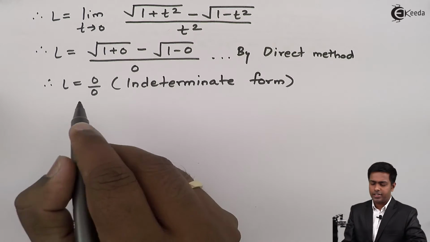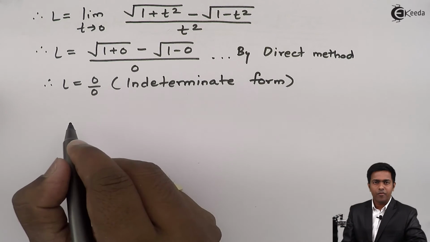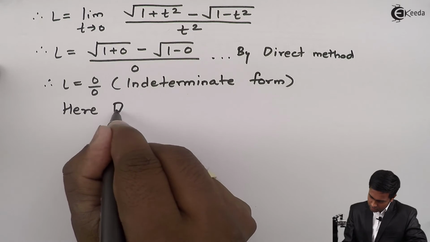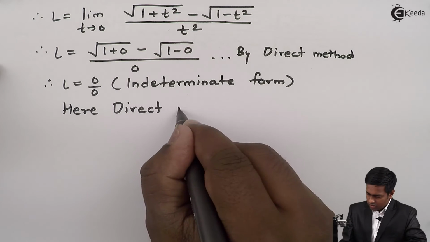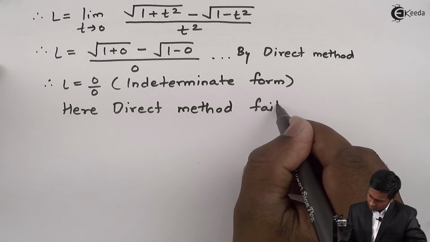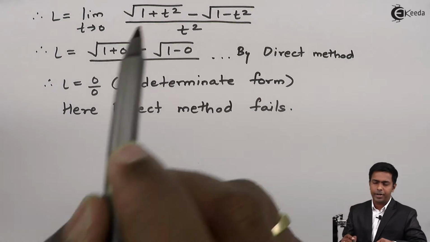So whenever we get 0 upon 0 by direct method, we say the direct method fails.